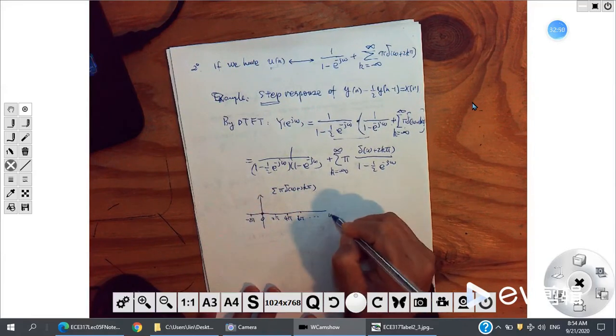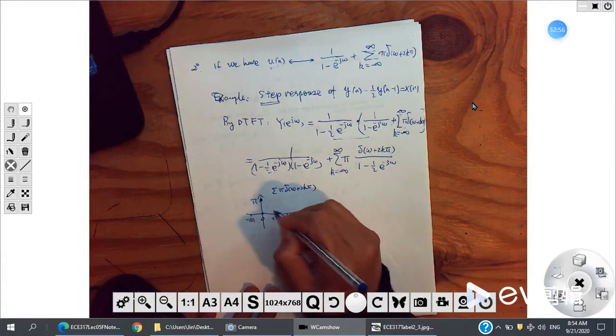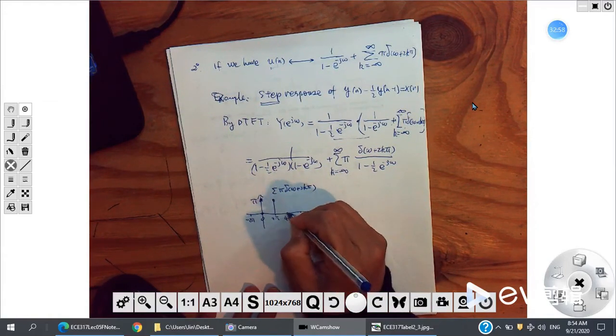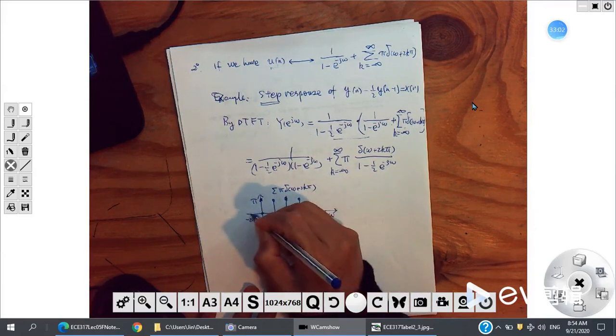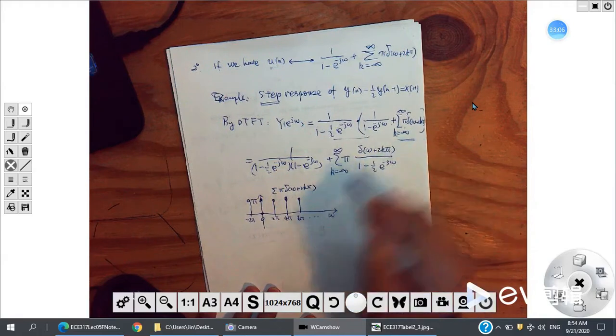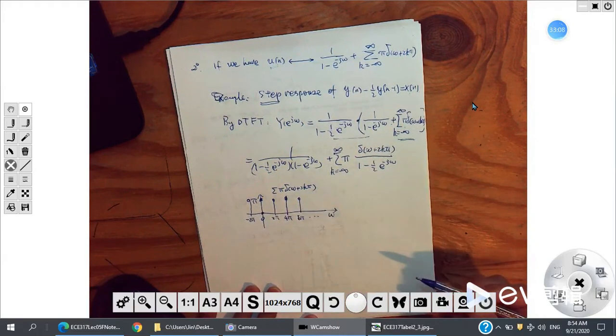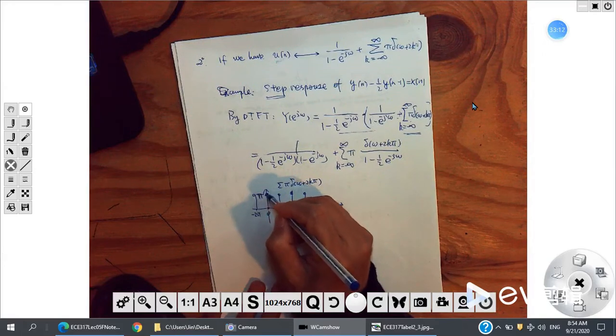This is omega, right? So it is just a sequence of impulses, and all these impulses have the same peak, pi times a unit impulse, right?